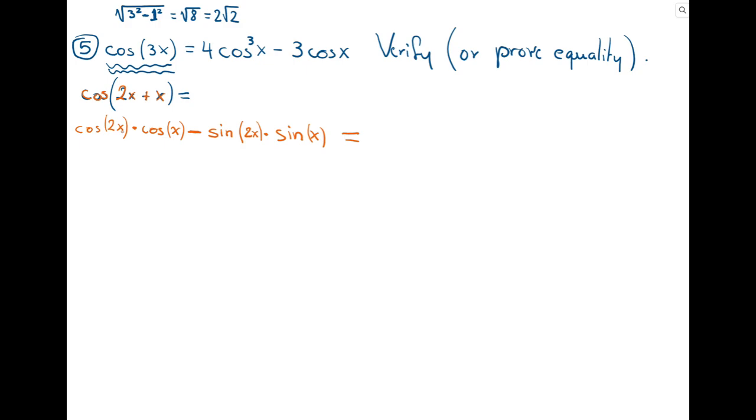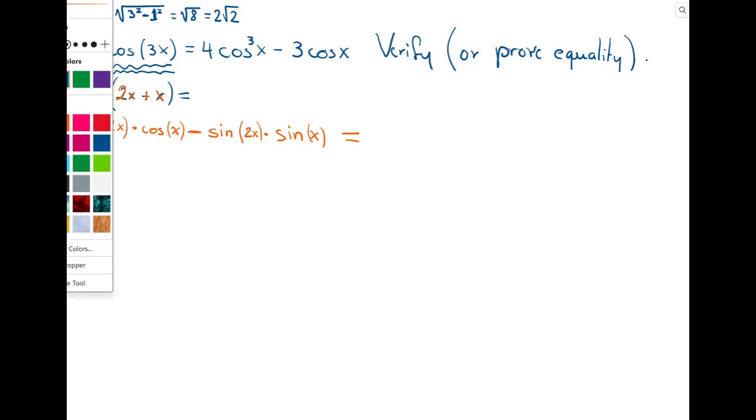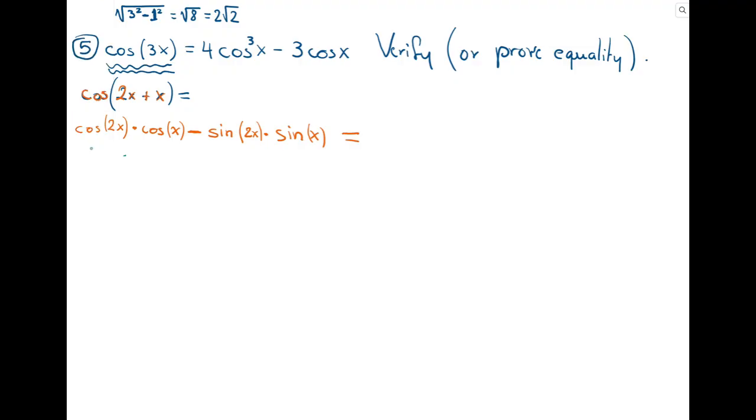But now I have a cosine of 2x here, and the cosine of 2x I can rewrite as, and we have three different identities we can use here, but I'm just going to use this one, cosine squared of x minus sine squared of x. That is just for this.